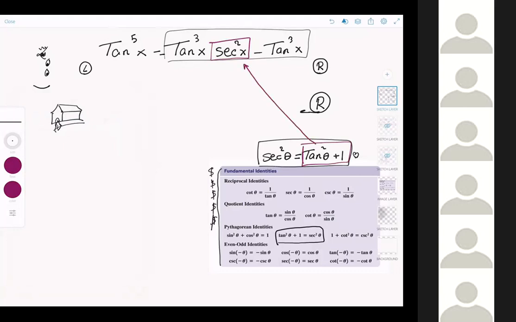Yes, Karen? Yeah, there's nothing wrong. Let's do it. So we're going to start with the right. We have tangent cubed of x parenthesis minus tangent cubed of x.